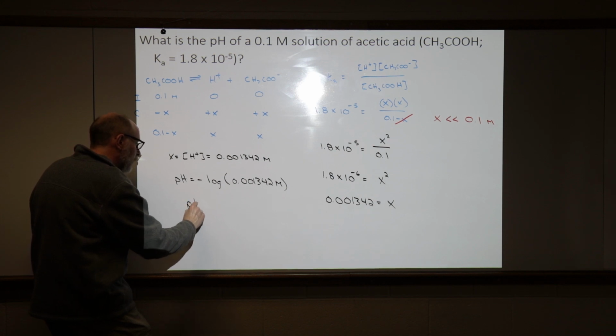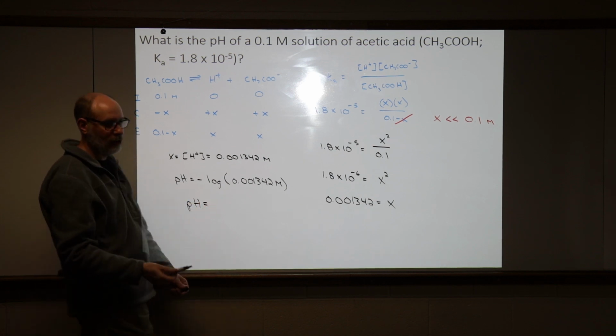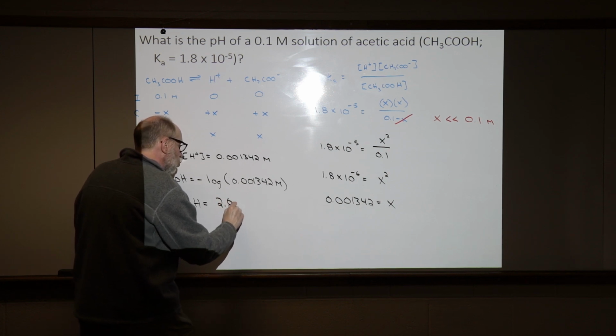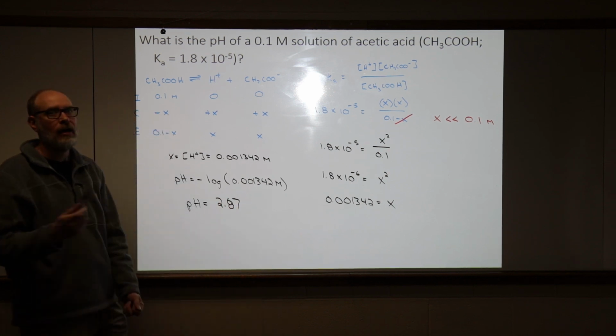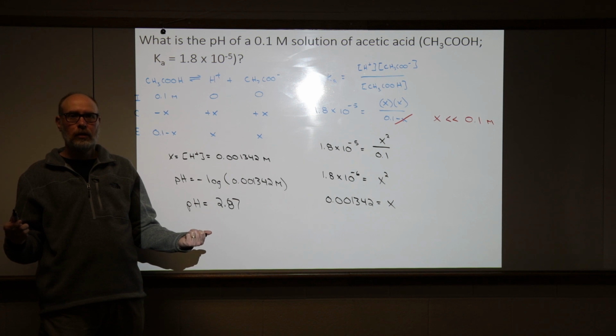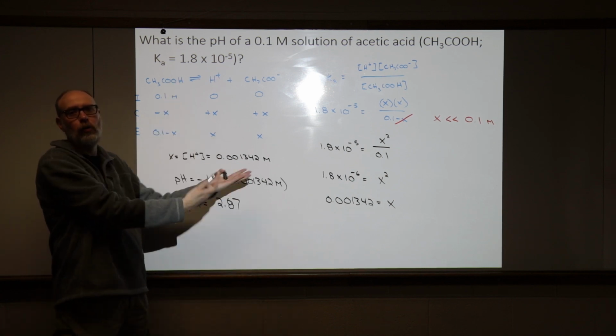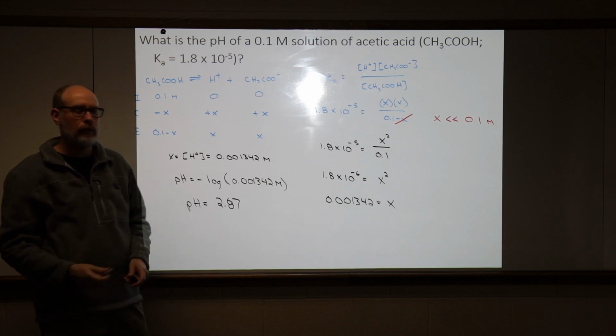And then the pH of that solution would be 2.87. Does that look familiar? That's the same thing that we got going through the whole long process with the quadratic formula.